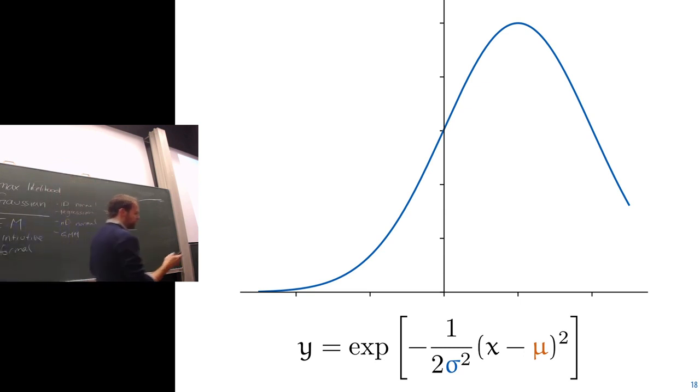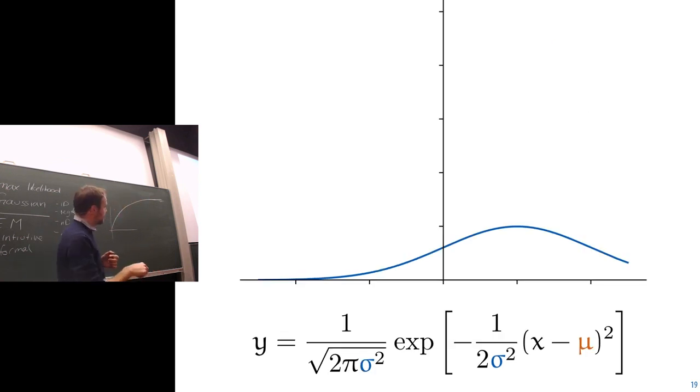I wouldn't exactly be able to explain to you how this is done, but let's say somebody smart worked out what the value is if you integrate this entire function between -∞ and +∞. Something pops out, and we just divide this whole thing by whatever that is, so that it sums to 1. And this is whatever that is. So you divide it by the square root of 2 pi times the standard deviation. And that gives you the one-dimensional normal distribution.